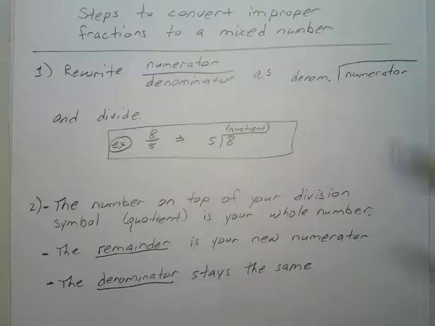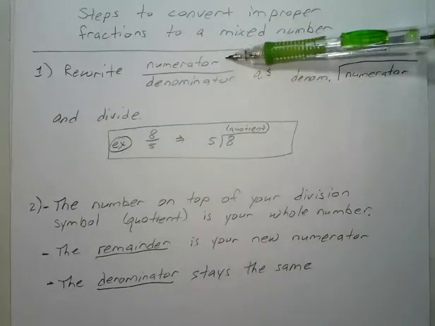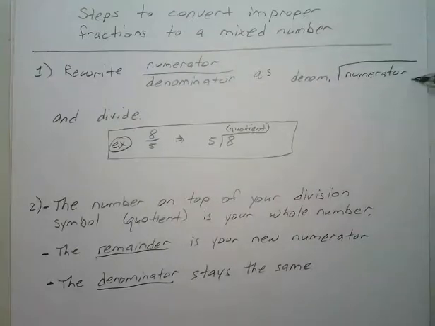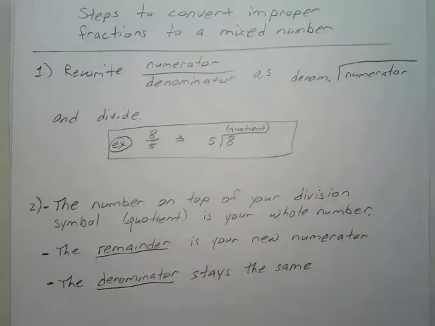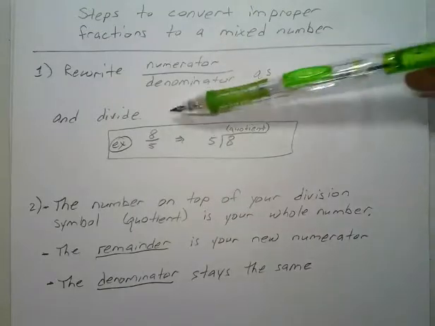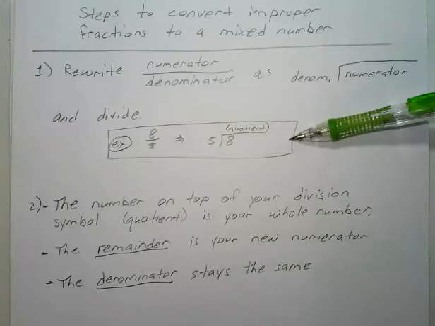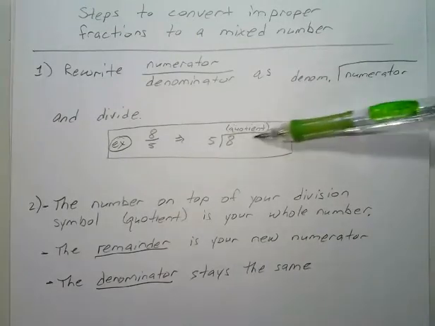Your first step is you're going to rewrite your numerator over your denominator as a division problem using the division symbol. And then you're going to divide it. For example, if you have 8/5, you're just going to rewrite it as 8 divided by 5, where your quotient will be your value up top.